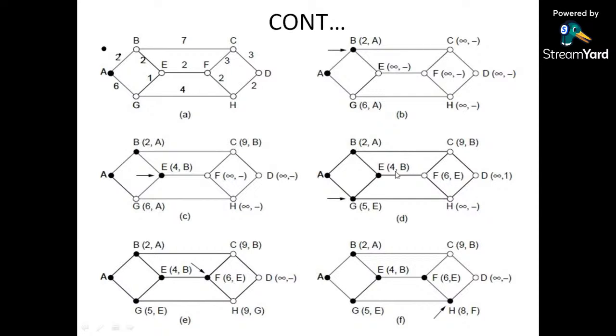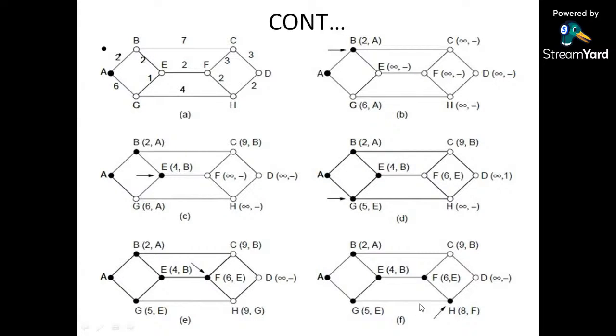From B there are two costs. A to C, we find 2 plus 7, which becomes 9. A to F, the value becomes 2 plus 4, 6. And from E, again there are two nodes, C and H, in which the value 6 is smaller, so we consider it.